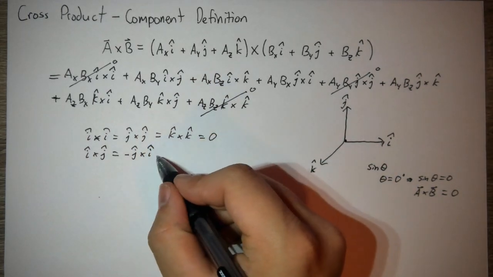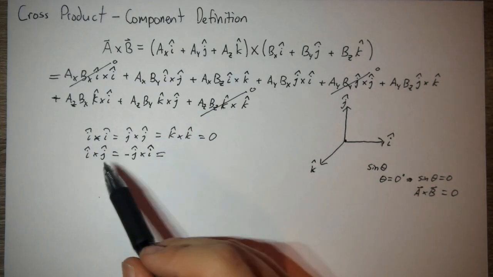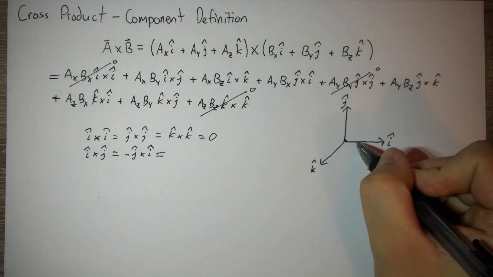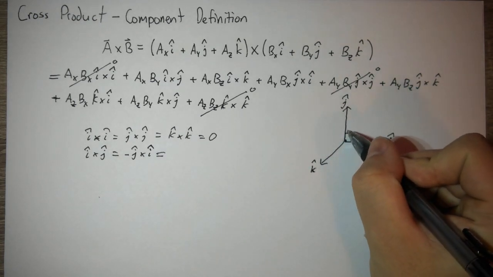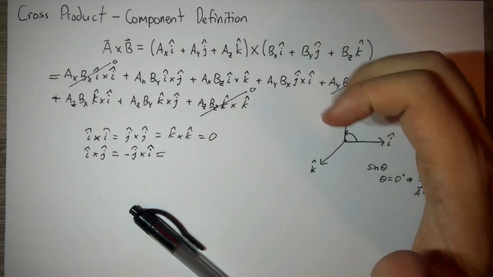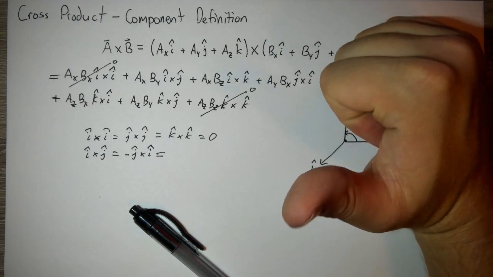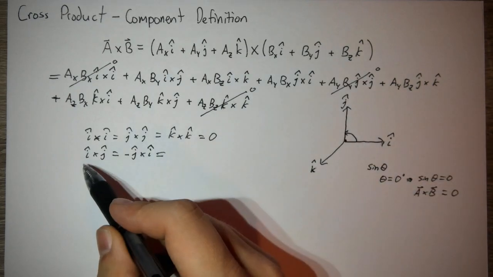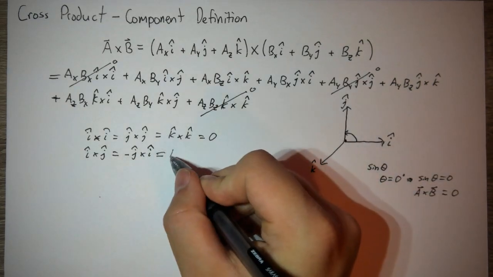Now, another thing to note is if we use our right-hand rule, let's think about this for a sec. I cross j, so if we're going from i to j, like this, and we use our right-hand rule, we're curling our fingers this way, and our thumb is now pointing in the k direction. So that means that i cross j is just k.